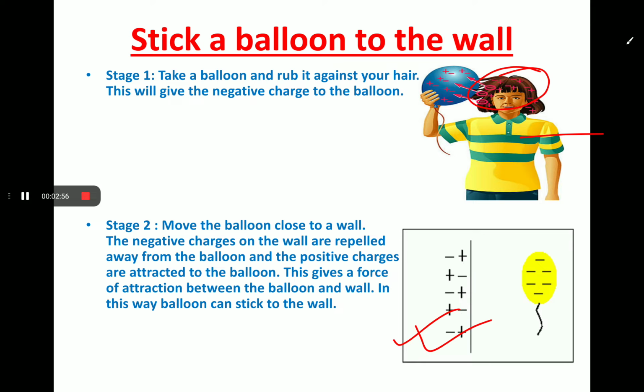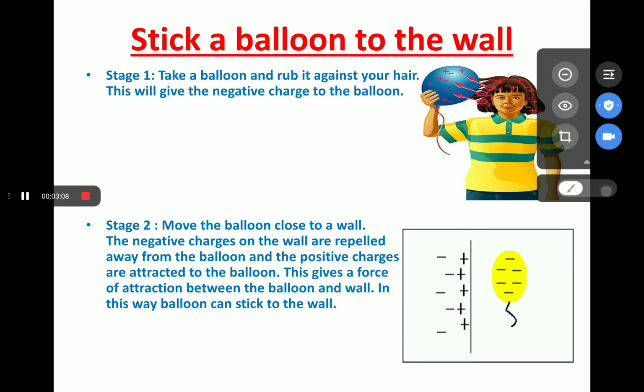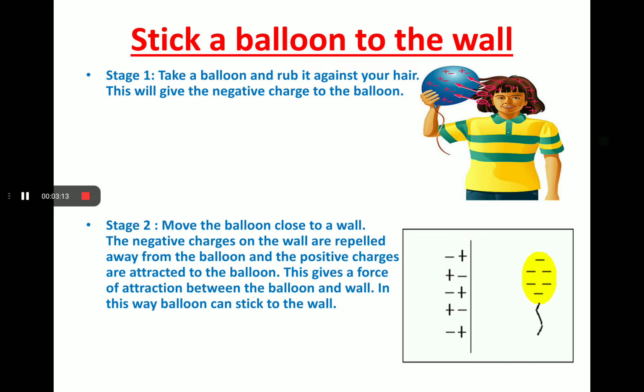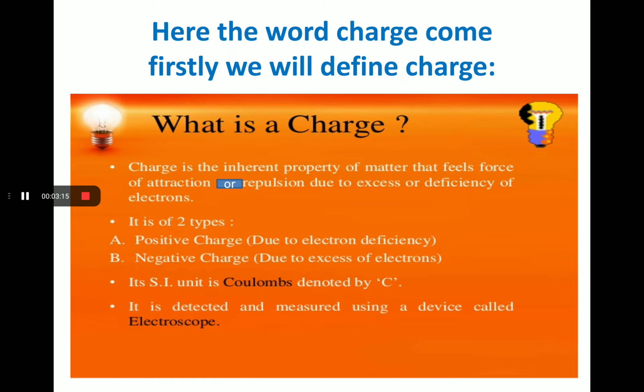Here again the balloon is electrically charged. That's why it sticks to the wall. Now, in describing these two experiments, the word charge comes. So firstly, we will understand about charge.